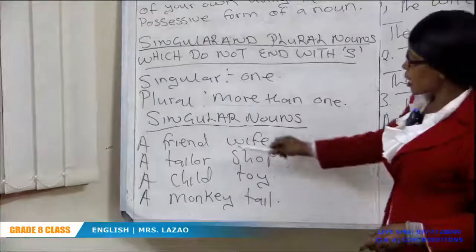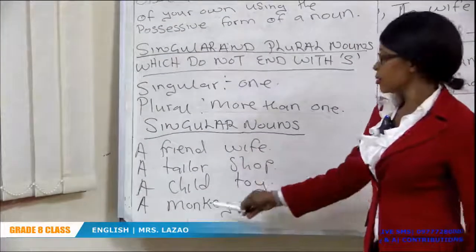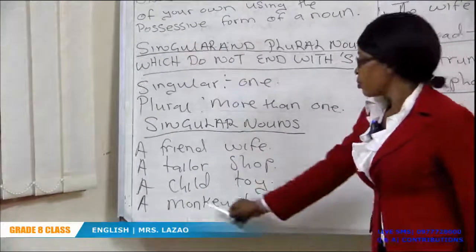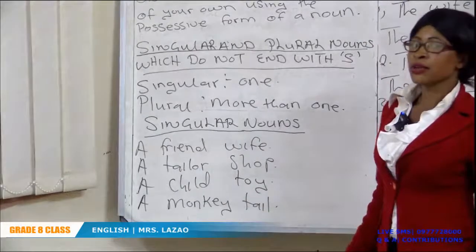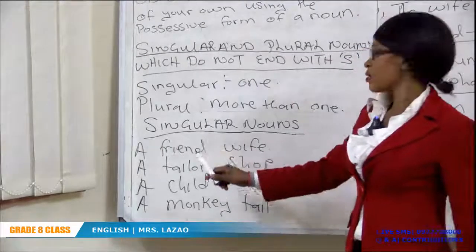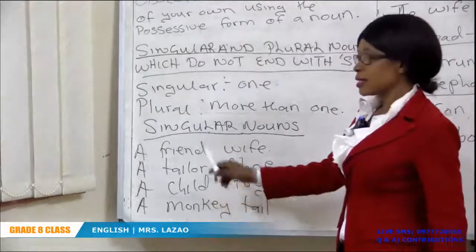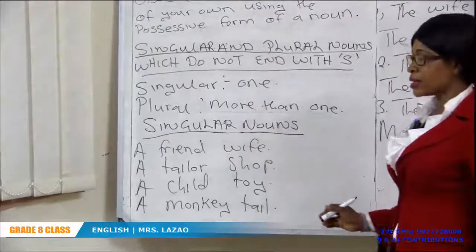When we look at these nouns, friend is a noun, tailor is a noun, child is a noun, monkey is a noun. But when we look at these, they are singular nouns. Many: we say friends, tailors, children, monkeys.